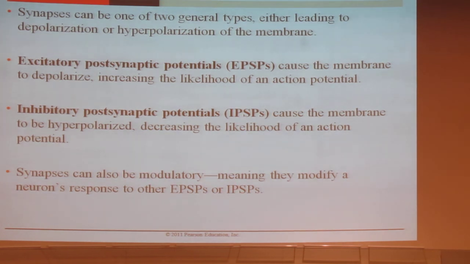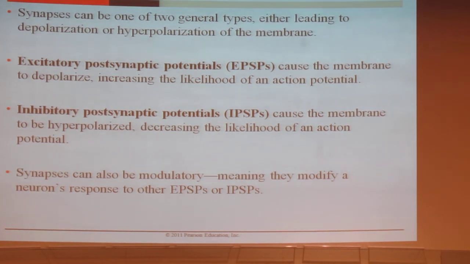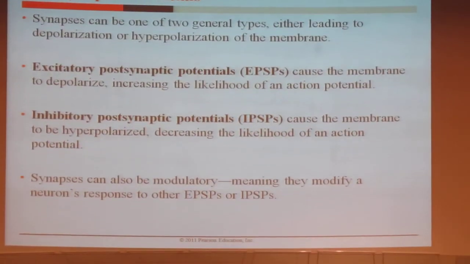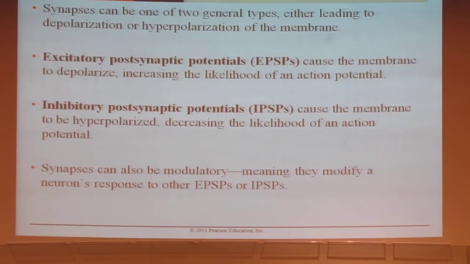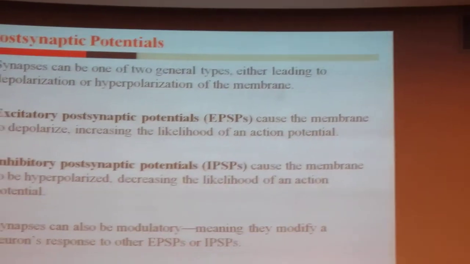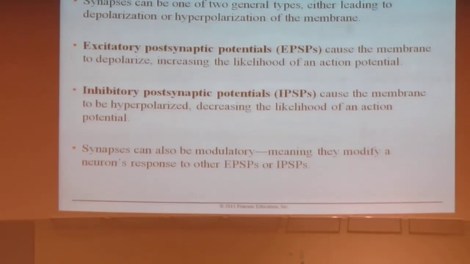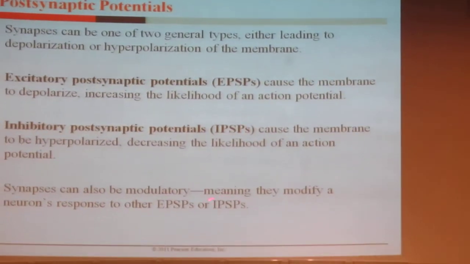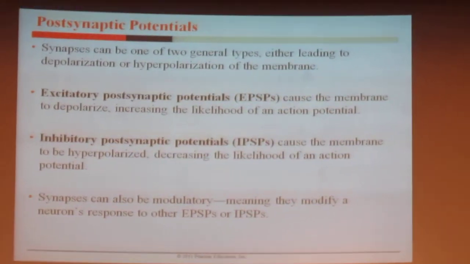You would do this. All right? Basically, understand the relationship. In other words, the induction of an action potential is associated with high levels of EPSP. Stopping an action potential from forming is associated with high levels of IPSP. That's how it works. They're antagonists.